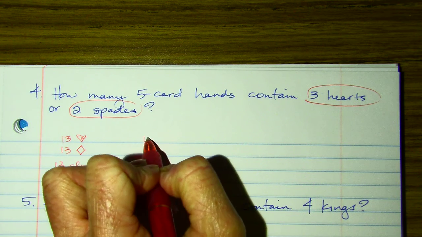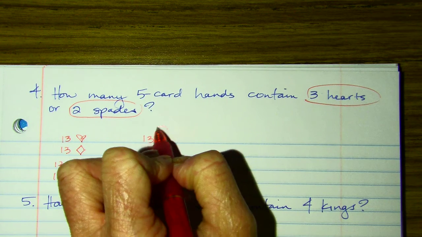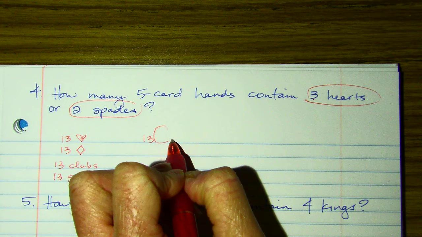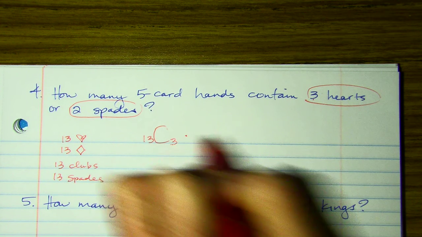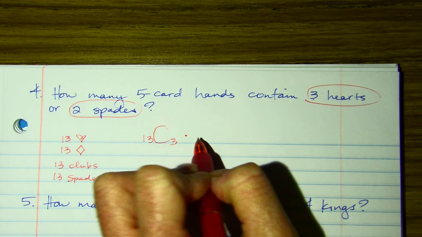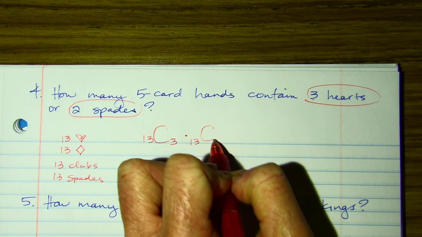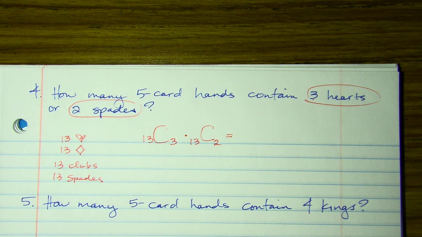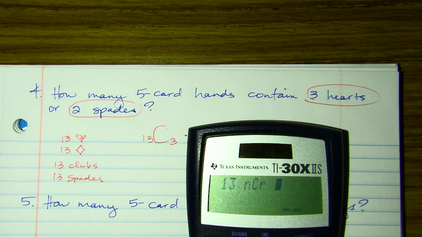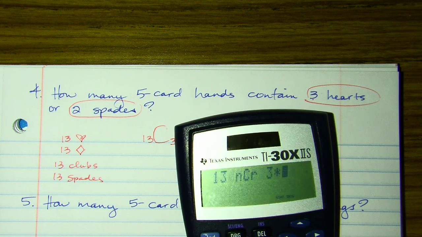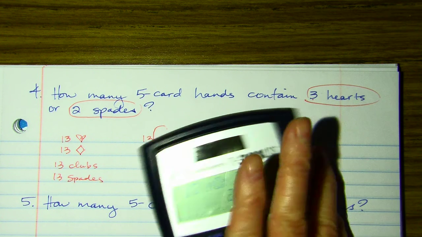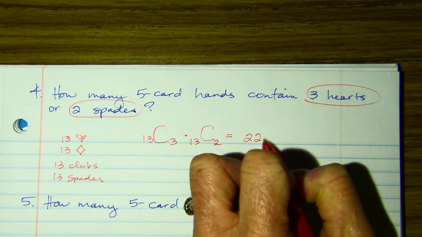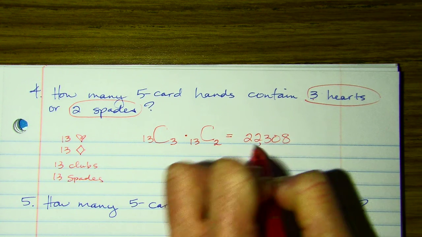So I want 3 of the 13 hearts, and then there are 13 spades, and we're choosing 2 of those. And so in this case, you have 13C3 times 13C2, and I get 22,308.